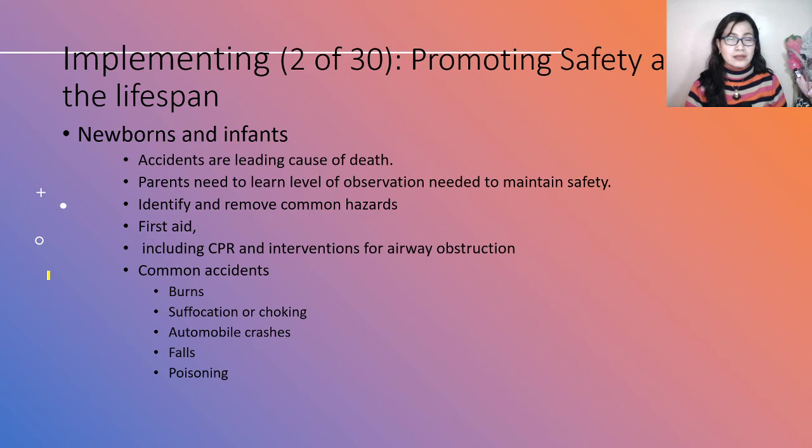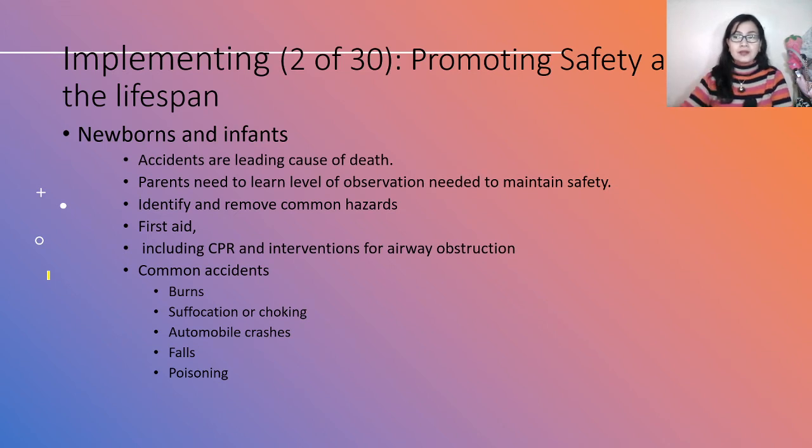So, you must teach them how to properly burp the newborn, or release the gas, by putting the infant or newborn in an upright position against the mother's breast.